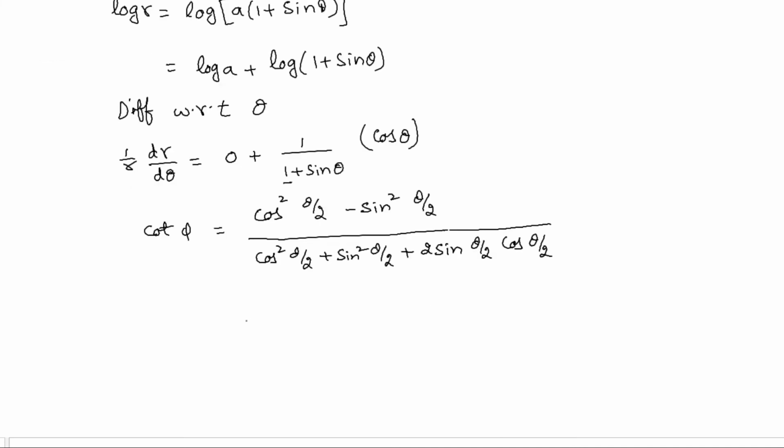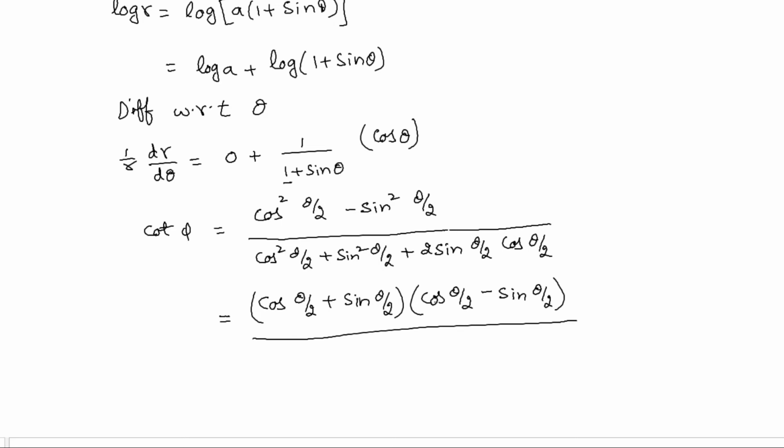Numerator, if you try to see, it is in the form of a square minus b square, which can be written in the form of a plus b into a minus b. So cos of theta by 2 plus sine of theta by 2, a plus b, into a minus b, which is cos of theta by 2 minus sine of theta by 2, whole divided by.